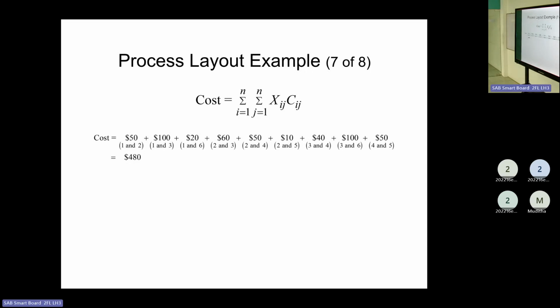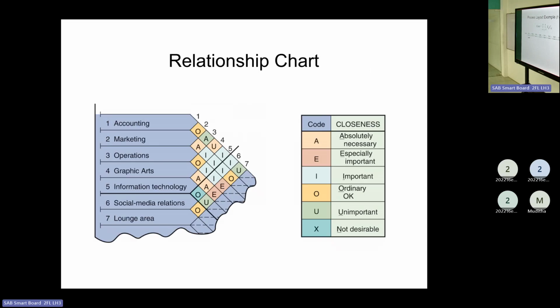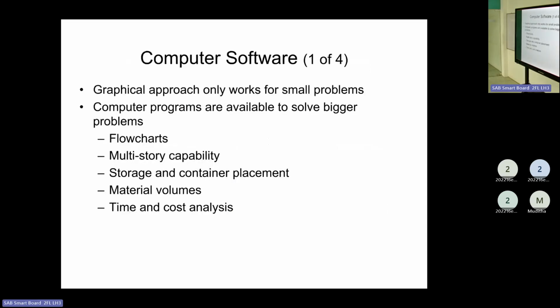But it can be used only for simple problems. For complicated problems, there are computer software solutions available. Graphical approach only works for small problems. For bigger problems, there are computer programs available.